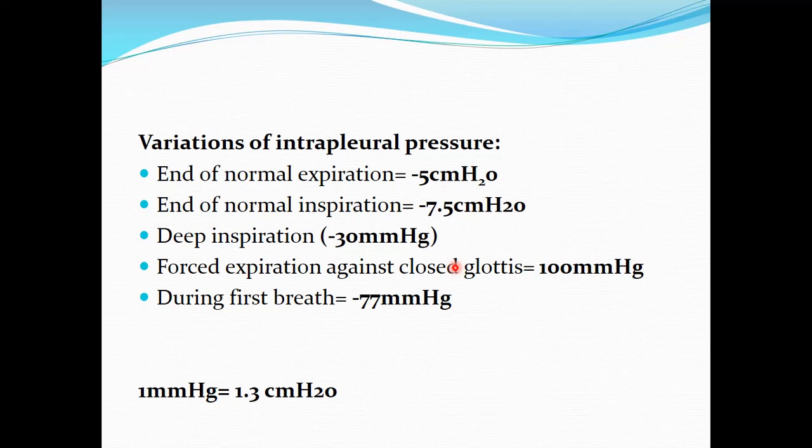Now at the end of a normal expiration, or we can say at the beginning of an inspiration, the value of intrapleural pressure is -5 centimeters of water. During inspiration, it becomes more negative or more subatmospheric, and by the end of inspiration, it becomes -7.5 centimeters of water.